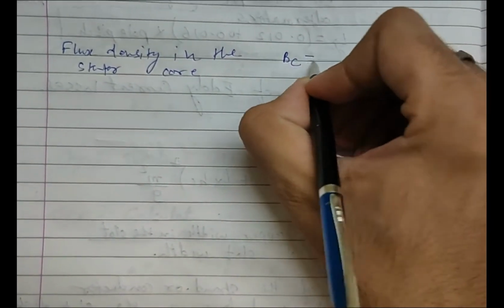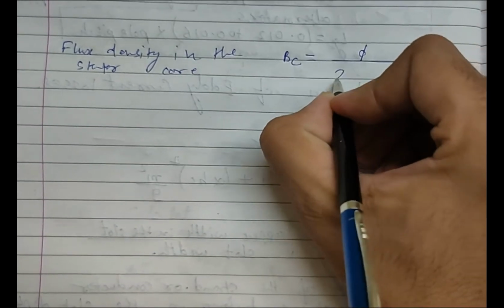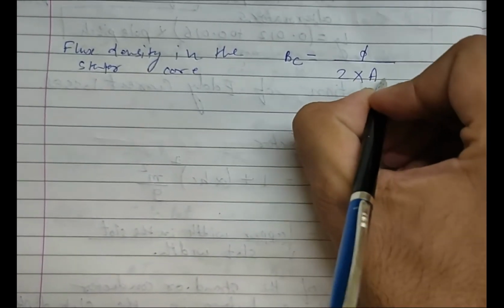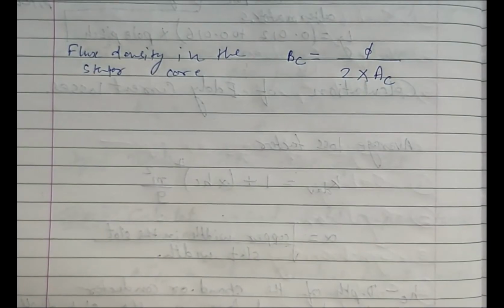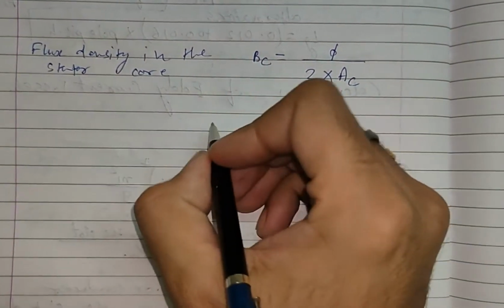BC, which is equal to phi upon 2 into AC, where AC is nothing but the sectional area of the stator core.